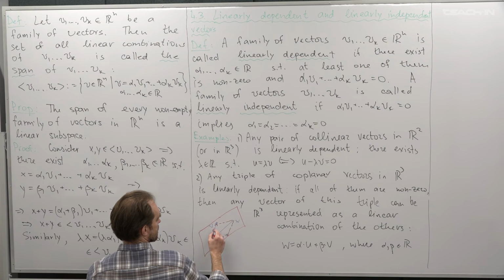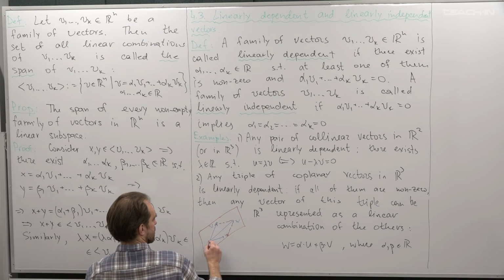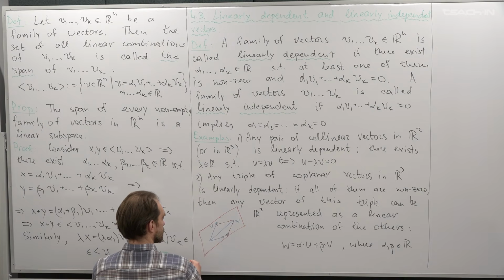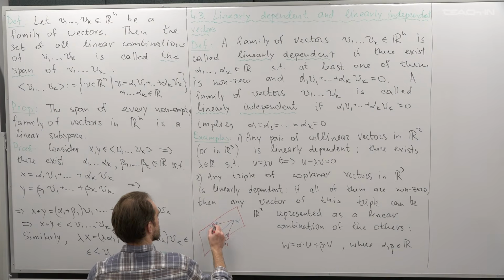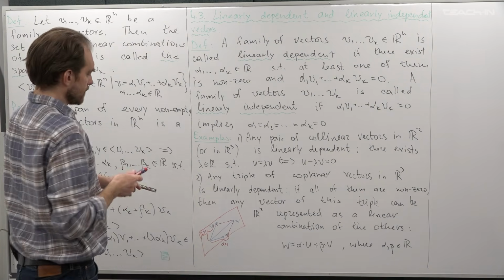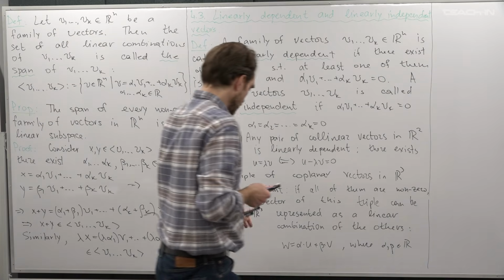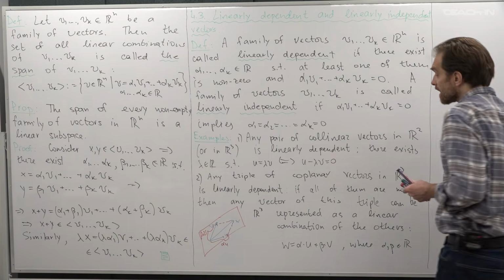So this vector would be alpha times u, and this vector would be beta times v. So every vector w in this case can be represented as the sum of these two vectors.